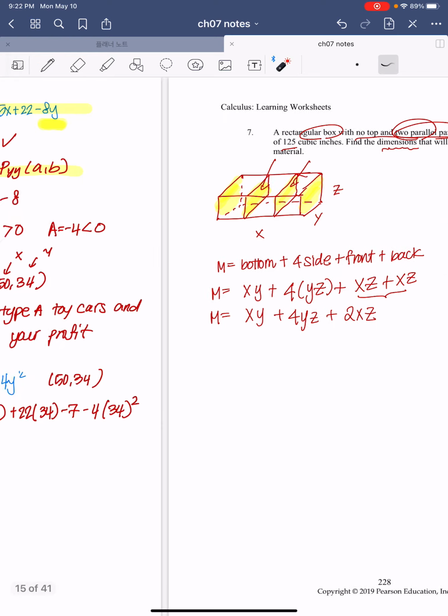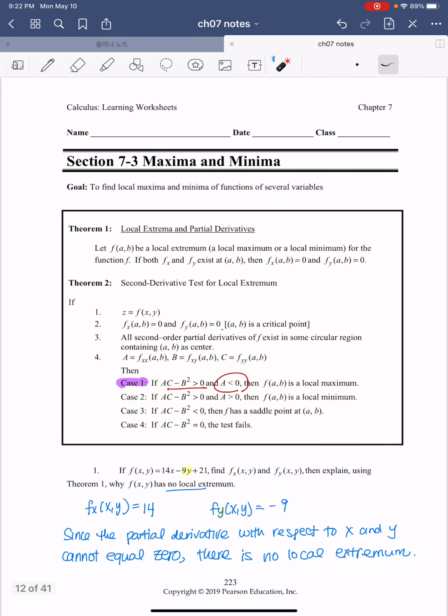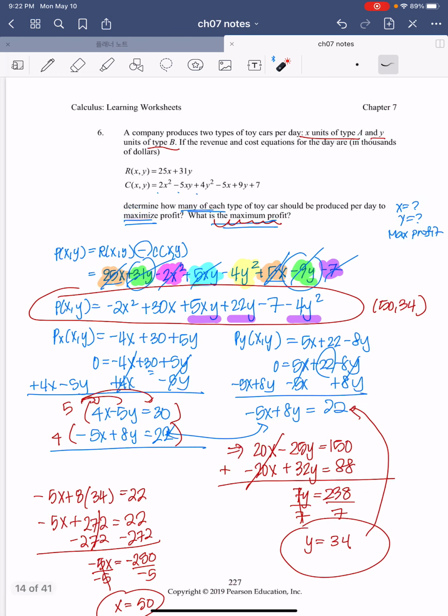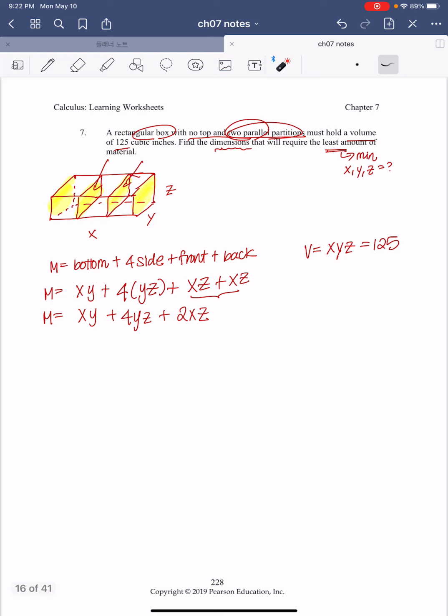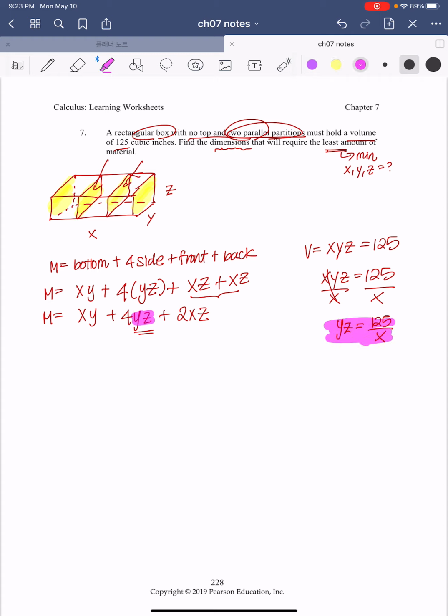In order to use the two-variable cases, I need to write this in terms of X and Y, so I'm going to substitute so that Z disappears. Take the XYZ equals 125. The first term XY is fine, but in here you have a Y and Z. So if I divide by X, I have YZ is equal to 125 over X. And that's what I'm going to substitute here for YZ.